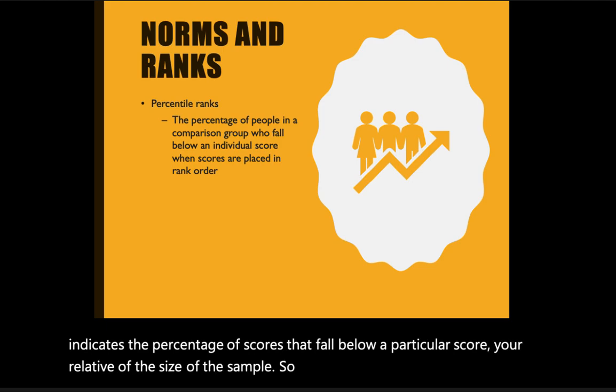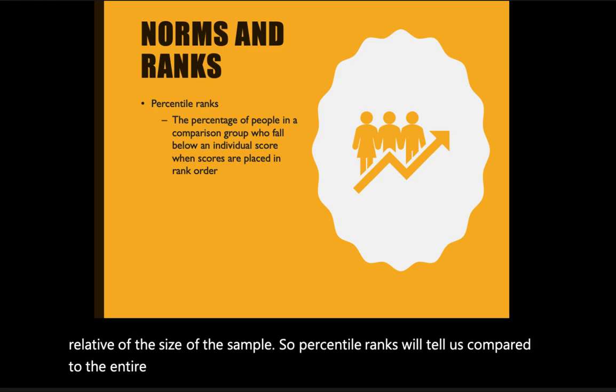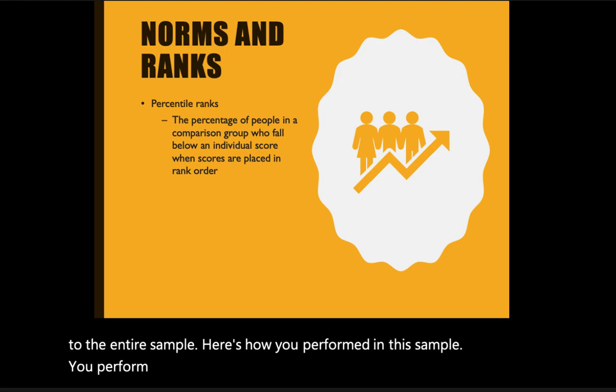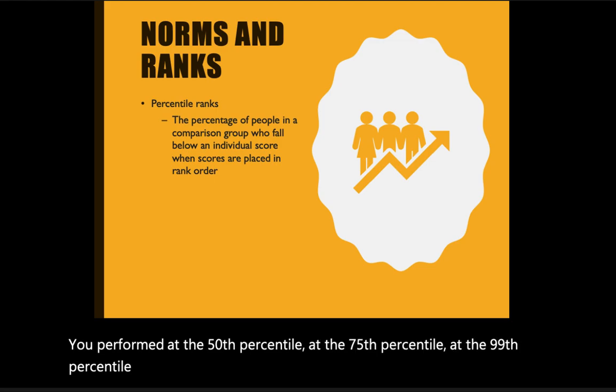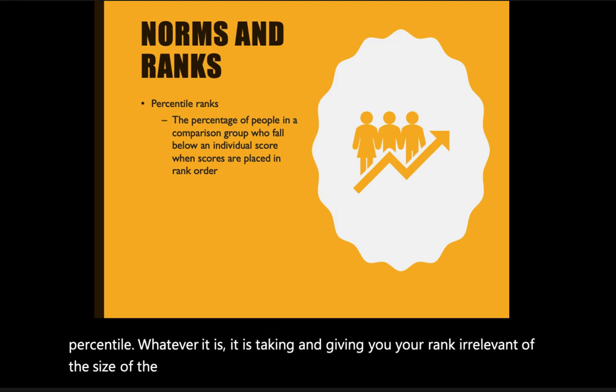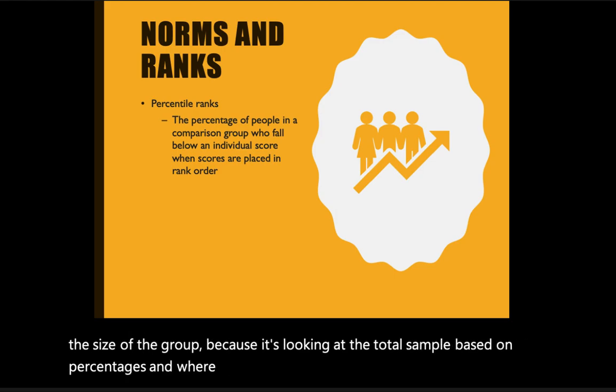So, percentile ranks will tell us, compared to the entire sample, here's how you performed in this sample. You performed at the 50th percentile, at the 75th percentile, at the 99th percentile, whatever it is. It is giving you your rank irrespective of the size of the group because it's looking at the total sample based on percentages and where you would fall.